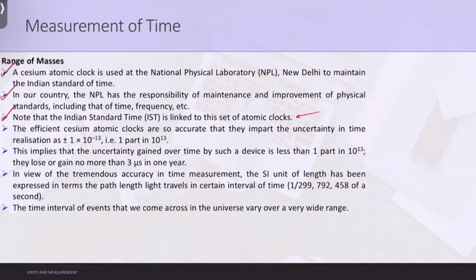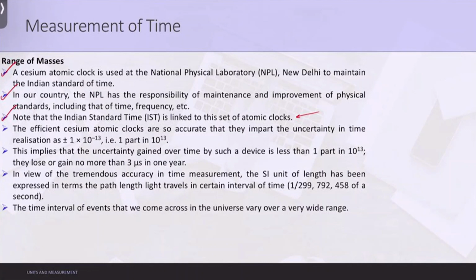The efficient cesium atomic clocks are so accurate that they impart an uncertainty in time realization of plus or minus 1 in 10 to the power 13. So you can understand the accuracy of this. IST is basically Greenwich Meridian time plus 5 hours 30 minutes.